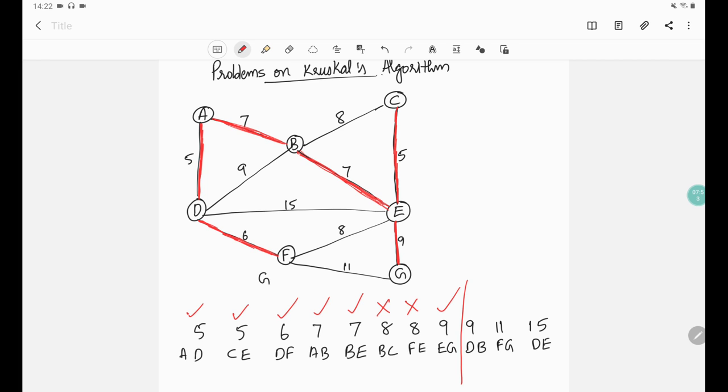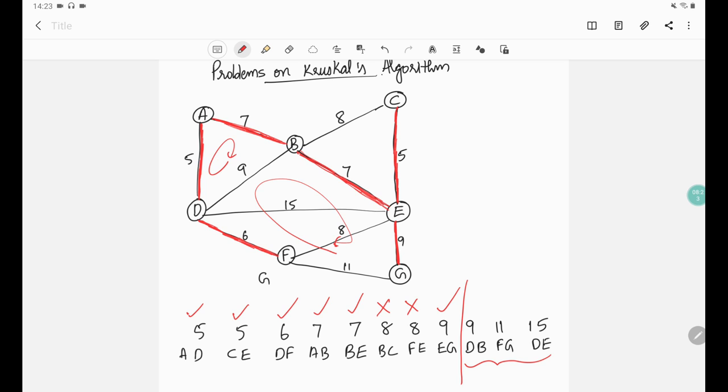Further computations don't matter. Even if we try to check for adding the edges DB, FG and DE, they won't be able to be added to the spanning tree, since DB will create a circuit here. FG will create another big circuit.